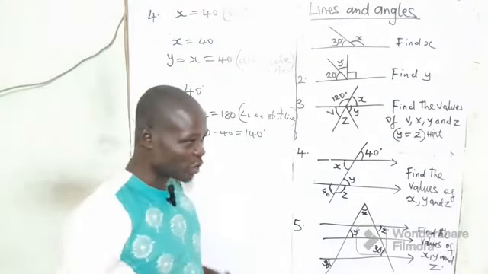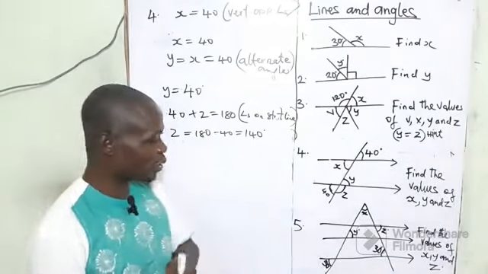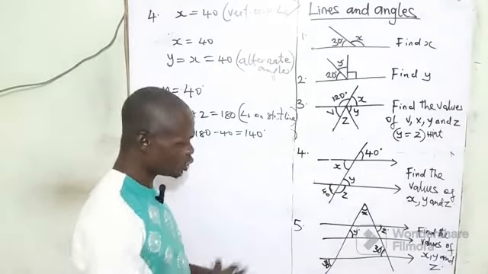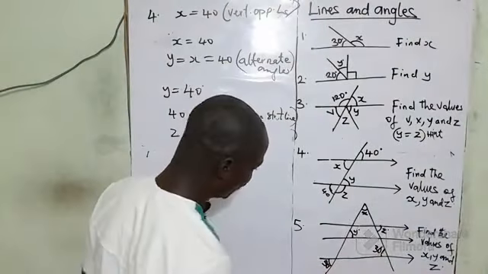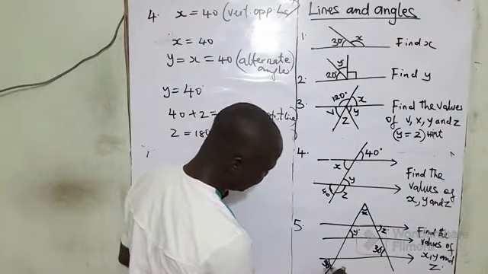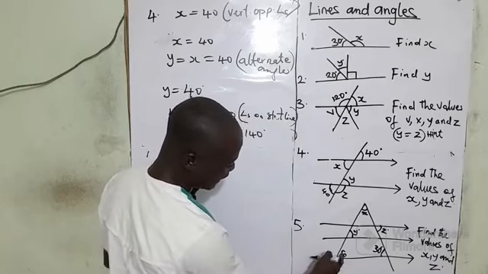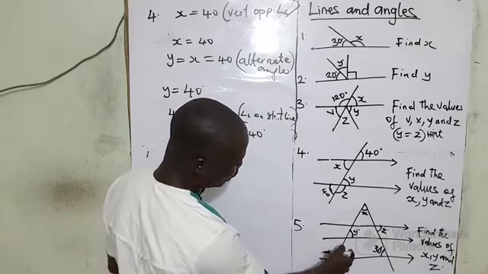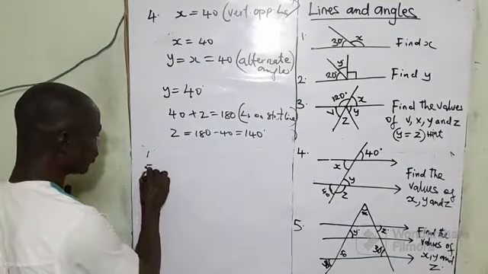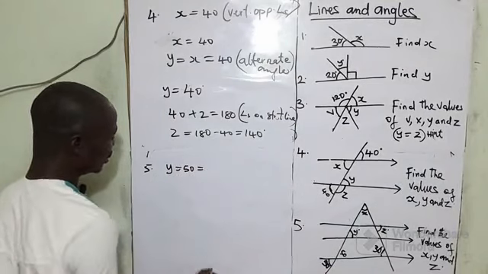Looking at this, we can see that this place is going to be 50 because this is vertically opposite to this. And then 50 is corresponding to y. So I will now say that y is equal to 50, because they are corresponding angles.